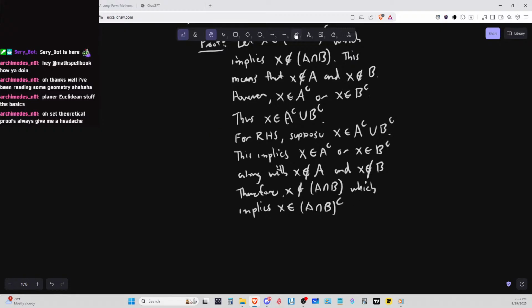Which implies that, along with x is not an element of A and not an element of B. Therefore, x is not an element of the A intersection B, which implies that x is an element of the intersection B complement. Okay, I feel like the logic flows there.